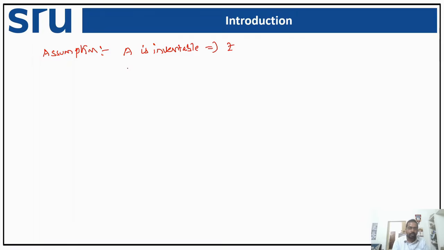If A is not invertible, if A inverse does not exist, then we go for the B matrix as invertible. So if B is invertible, we can compute our Y parameters, but this assumption might even fail. That is, my B matrix can be a singular matrix.